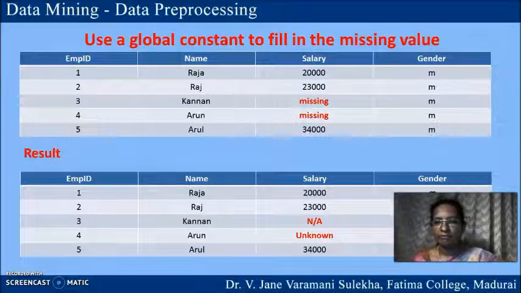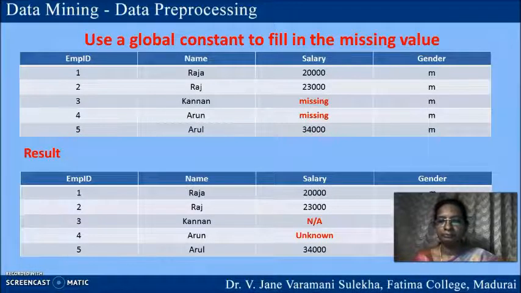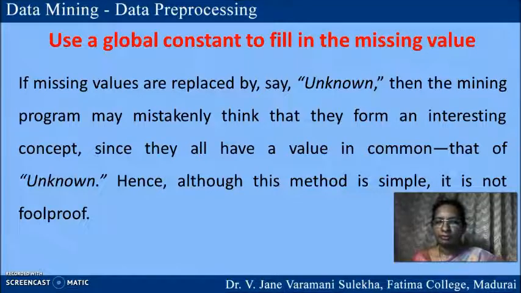So we just fill with not available and unknown. We are using a global constant to fill the missing values here. If the missing values are replaced by unknown or not available, the mining program may mistakenly think that they form an interesting pattern or concept, since they all have a value in common, unknown. Hence, this method is simple, but it is not foolproof.